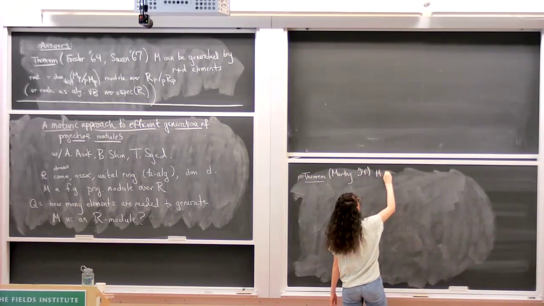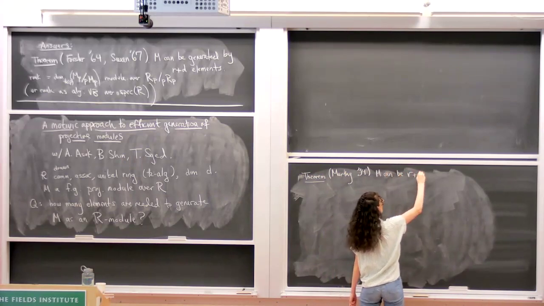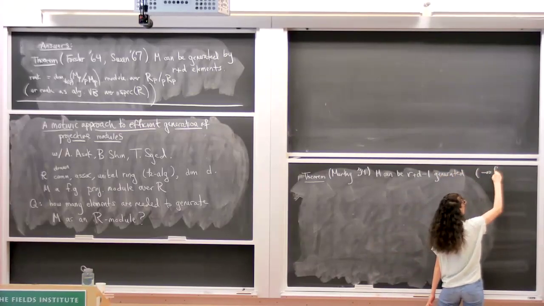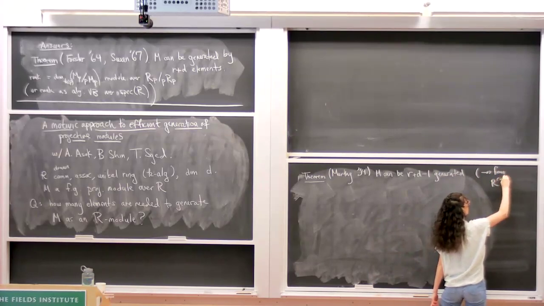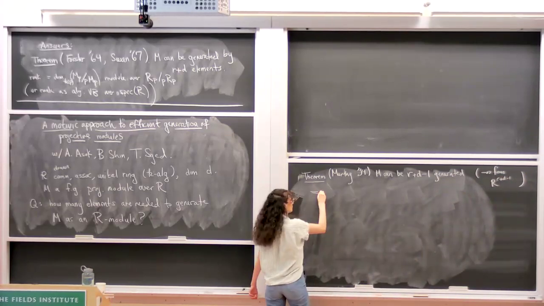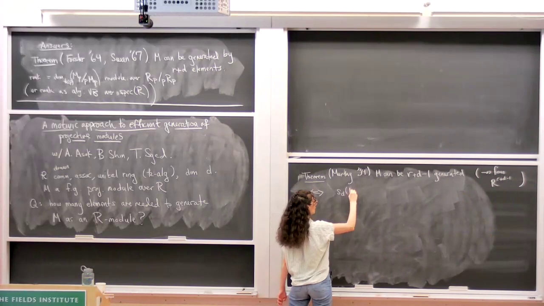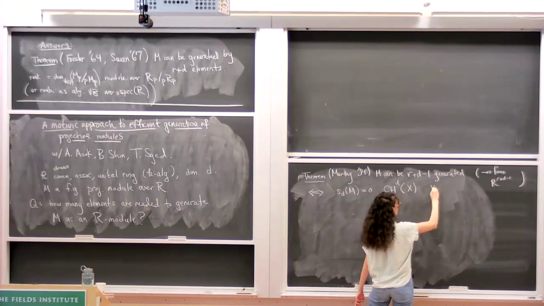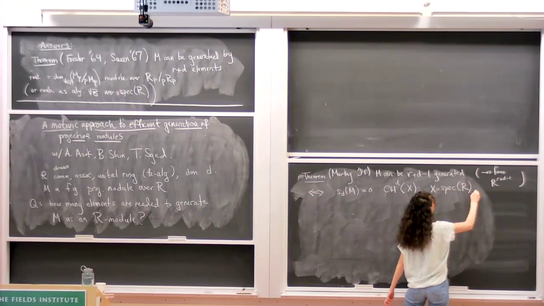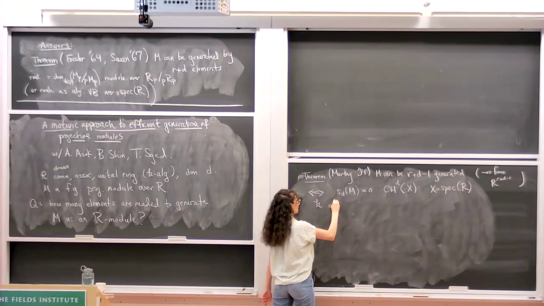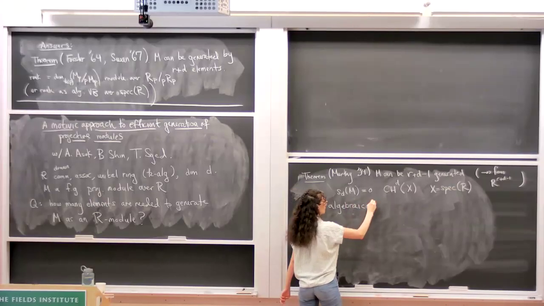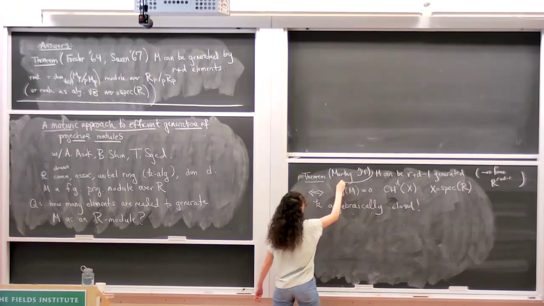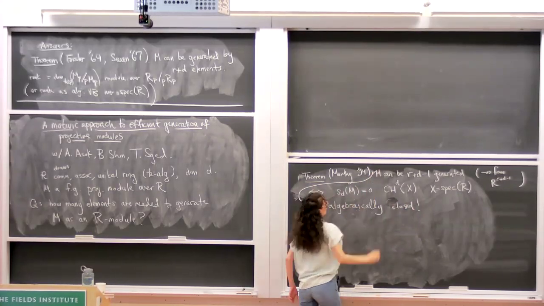M can be generated by R plus D minus 1 elements, meaning that there is a surjection from the free module R to the R plus D minus 1, if and only if the Segre class of M is equal to 0 in the Chow group of X, where here I'm going to write X for Spec of R. Important, here K has to be algebraically closed. So R is an algebra over an algebraically closed field. So this should have been a hypothesis at the beginning. This should go in here, right?